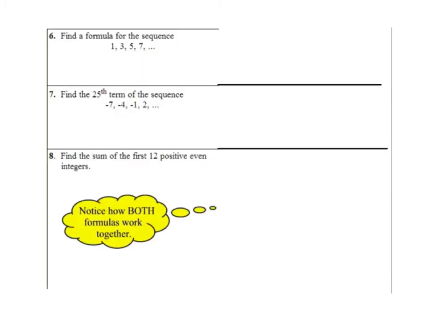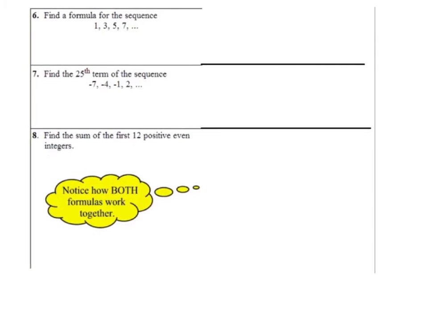Number 6 says find a formula for the sequence 1, 3, 5, 7. So we want a formula for the sequence. We know that the first term, a sub 1, is 1. We know that the common difference is 2. Think about this, but what is a sub 0?